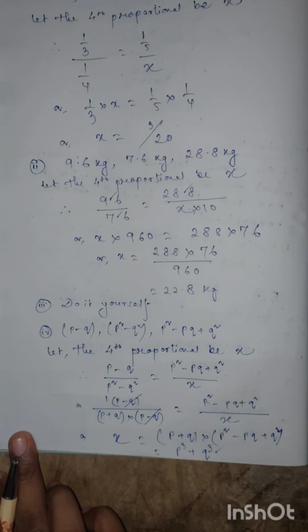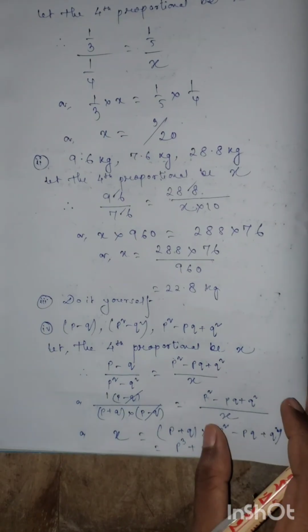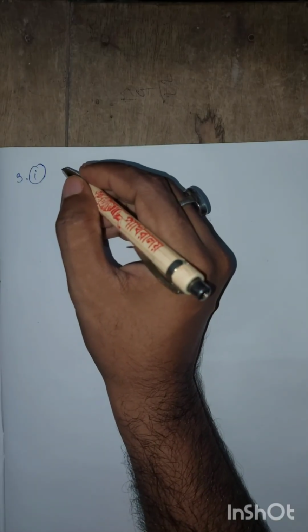Now let us do question number 3. Find the third proportional of the following positive numbers.